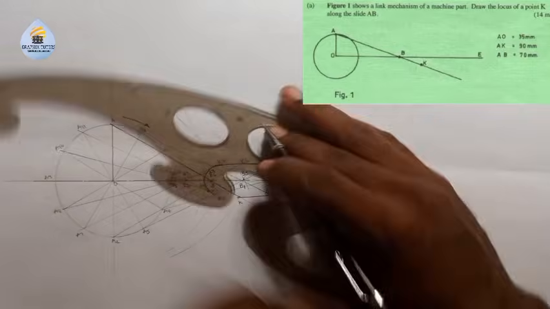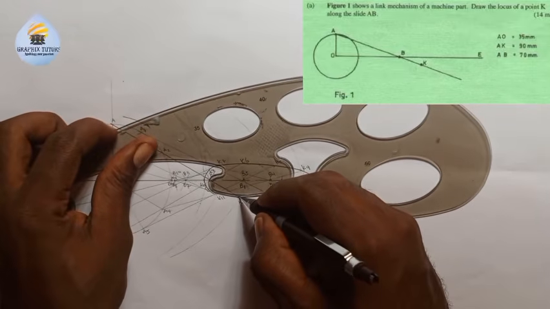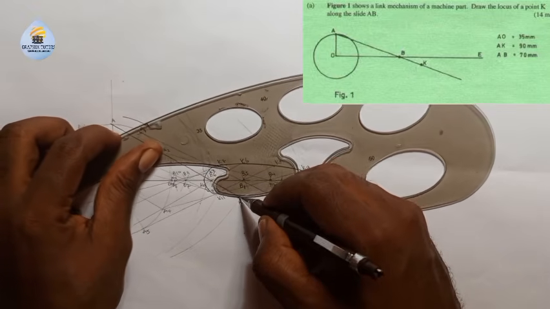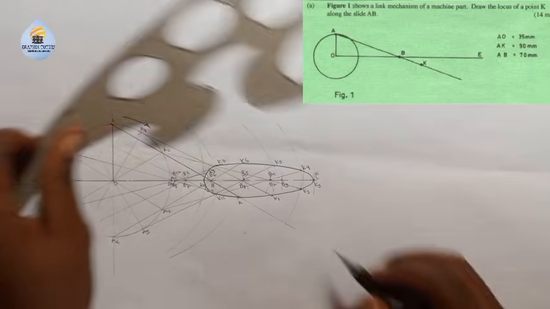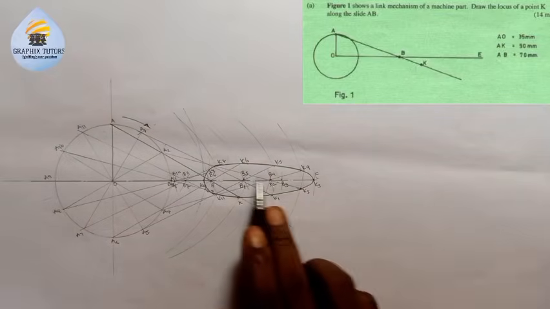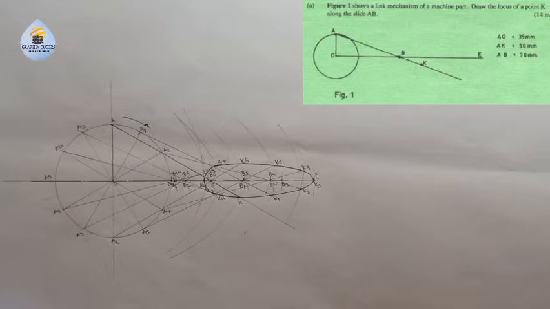Then the next one is also join this here. So this is what we have. So what you just see here is what we call the locus of K.